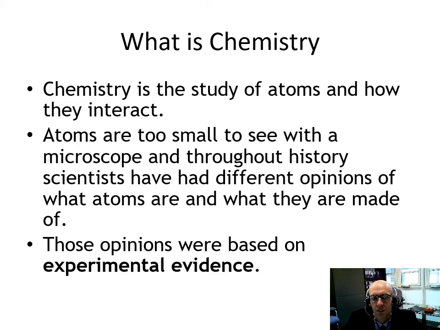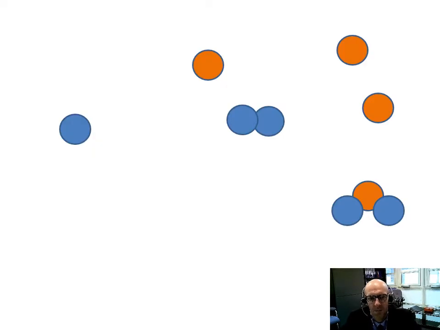Chemistry itself, which is obviously our first lesson of chemistry, is a study of atoms. It's a study of the chemicals, how they're joined together, why these atoms join together, how they join together, how can we make them join together. And it all started with an understanding of actually what an atom is. So here I've drawn some random atoms.